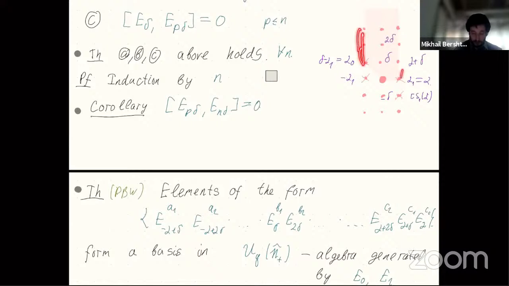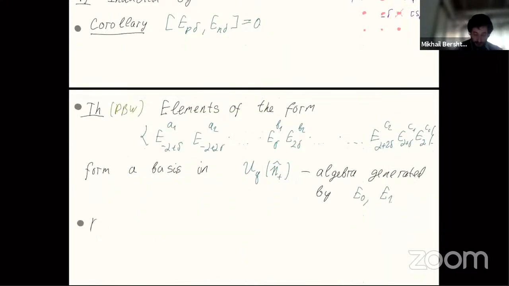So maybe I should make a remark. If you remember, in the finite dimensional case, the order comes from the longest element w0 inside the Weyl group.